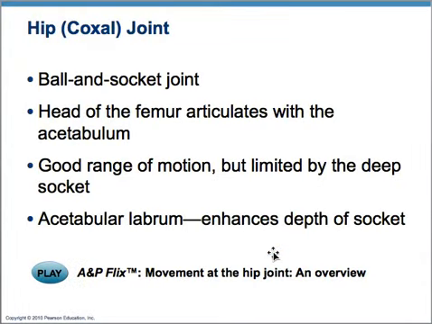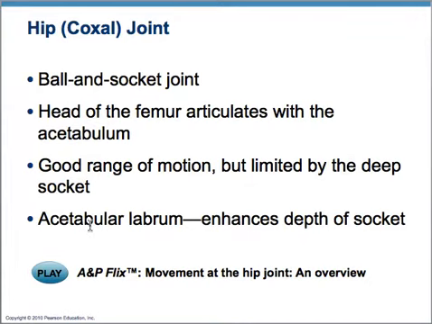Moving on, our hip joint or our coxal joint. This is another example of ball and socket. The head of the femur articulates with the acetabulum. Remember, that's that structure in the hip we were talking about. It has good range of motion, but it's limited by the deep socket. And the acetabular labrum enhances the depth of the socket. So the labrum, remember, is that tissue inside the ball and socket joint.